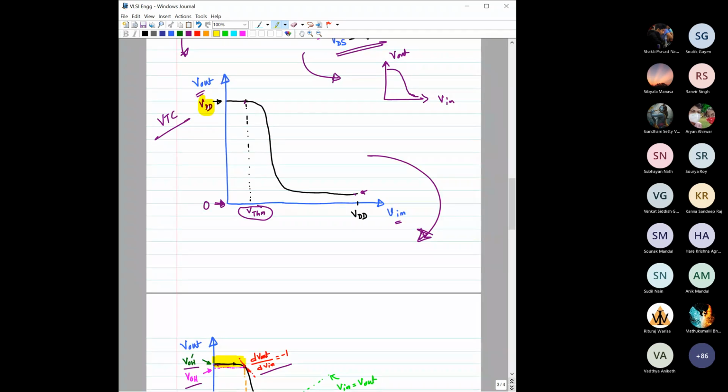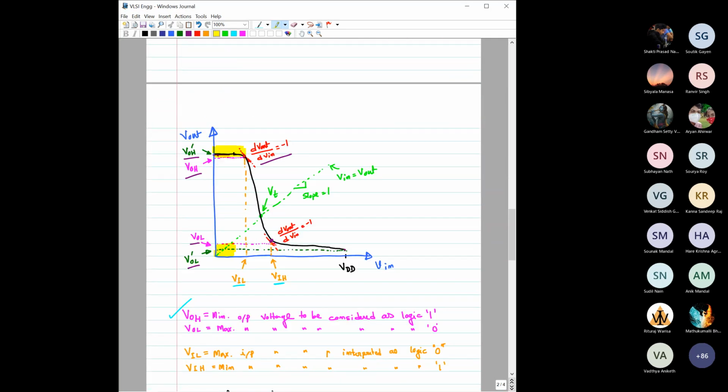As I have mentioned to you, for this particular case, VOH is equal to VDD, but it is not the generalized one. It might be that VOH is not equal to VDD, and you can have some range of voltage on the output side starting from VOH to the VDD level, which is considered as logic 1 output.